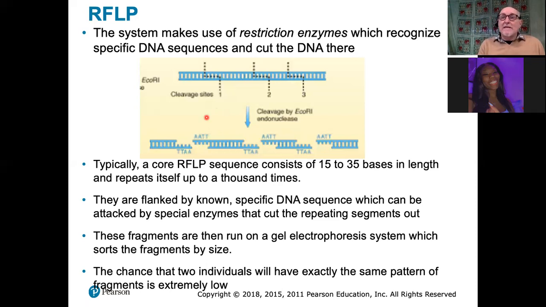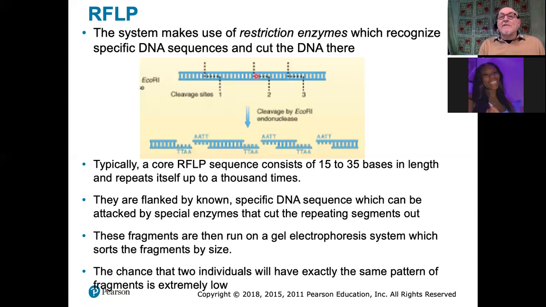This one here, the enzyme is actually called EcoRI, and it always cuts where it sees this little sequence, AATT. It will cut on both sides of the fragment of the DNA, AATT. It doesn't matter. It will always cut AATT where it sees it.